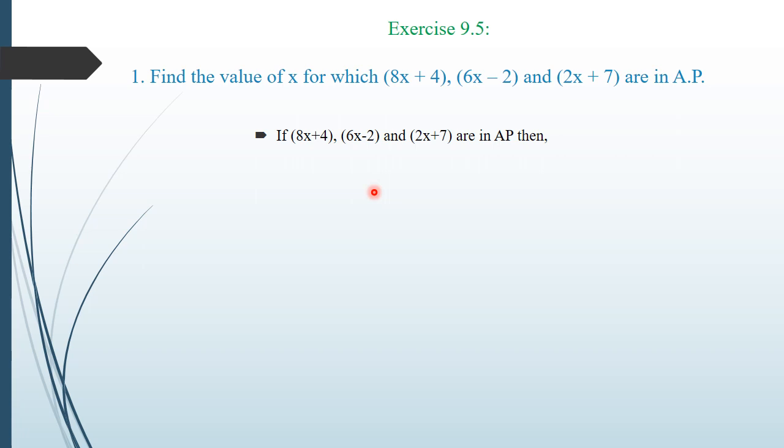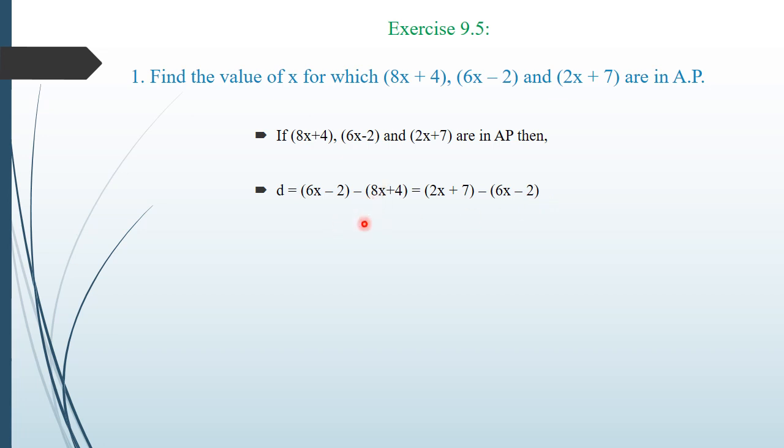Now the question says these are already in AP. Therefore, those values should be equal. Let us consider the subtraction, that is d is equal to second term minus first term, and another d I can calculate as third term minus second term. Here this is the second term, this is the first term, and this is the third term, this is the second term.